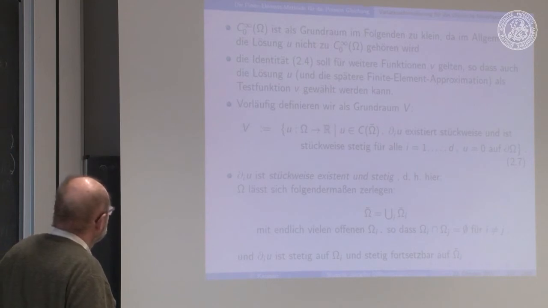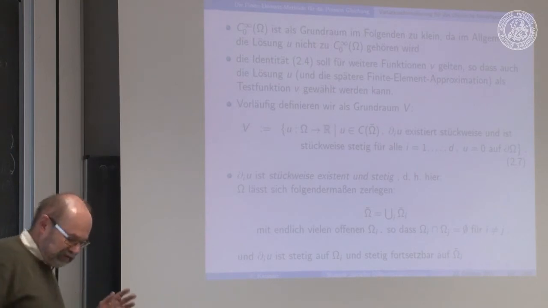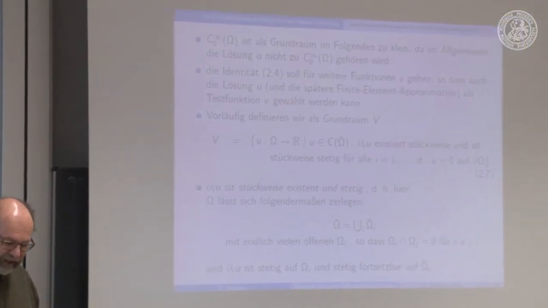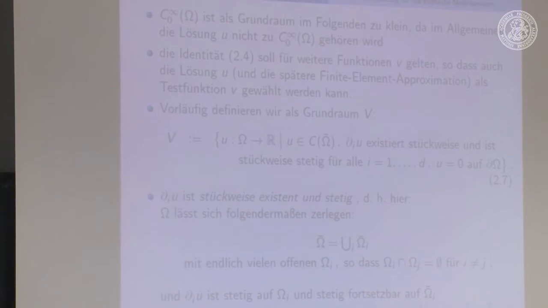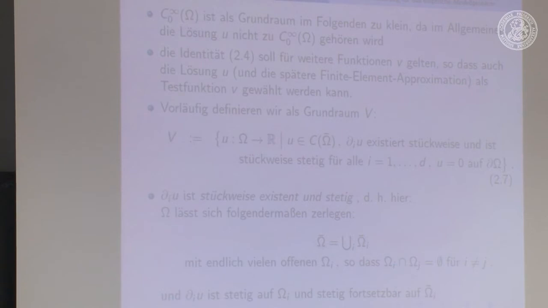What is now a little bit not so pleasant at the moment is that we have a different space where the solution lives, the C1 omega bar, and the test functions. And we would have to have those spaces be the same. But of course, we cannot take the space of test functions as the space for the solutions because this would be much too small.